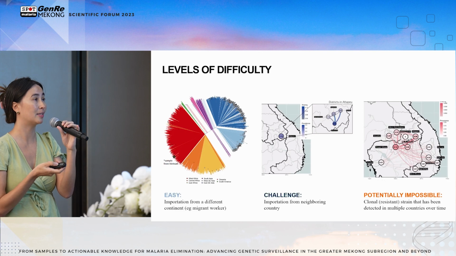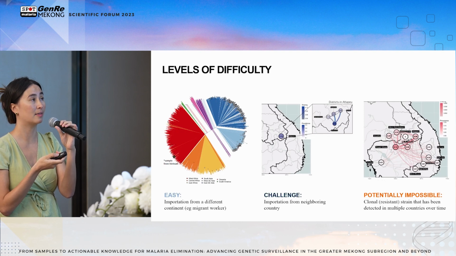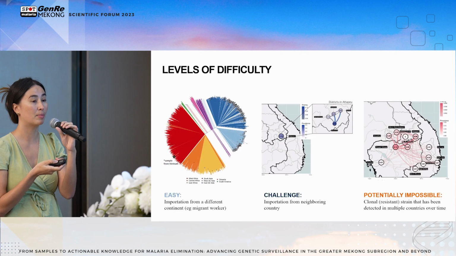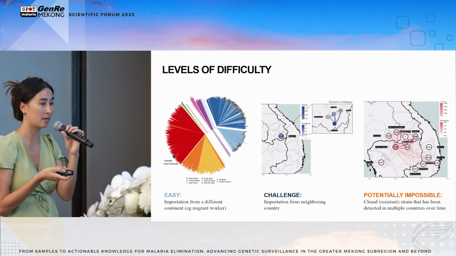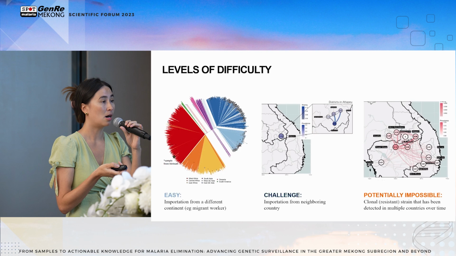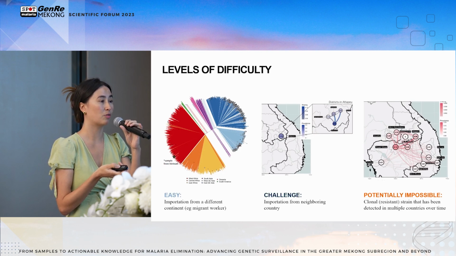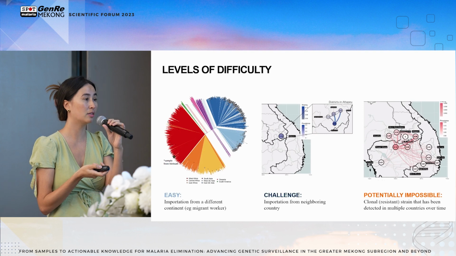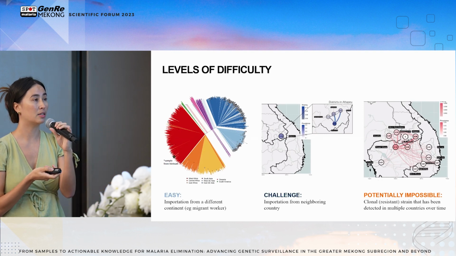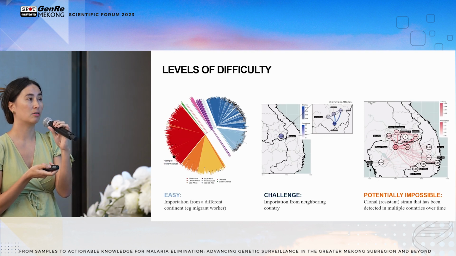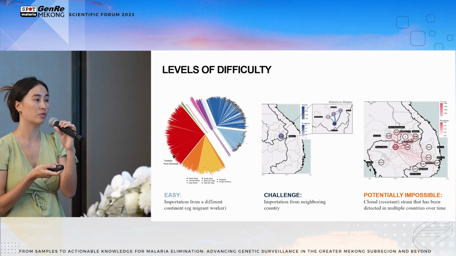For example, let's say you see a strain that has previously only been detected in Laos, while you detect it now in Vietnam, and then you could potentially label that as importation. But we also know that there has been spread of certain clonal, resistant strains in the GMS, and with that it could potentially be very difficult.